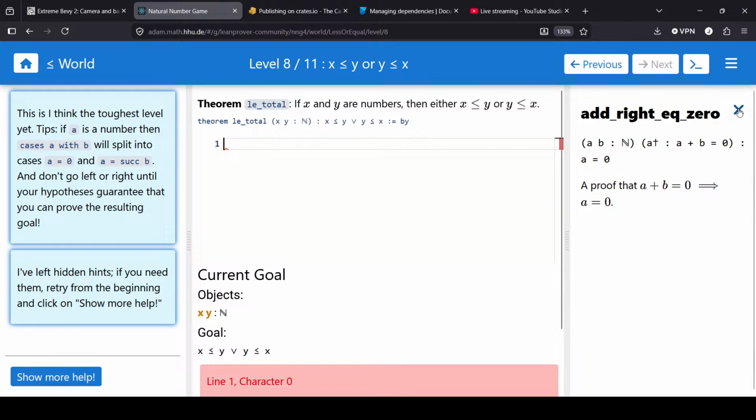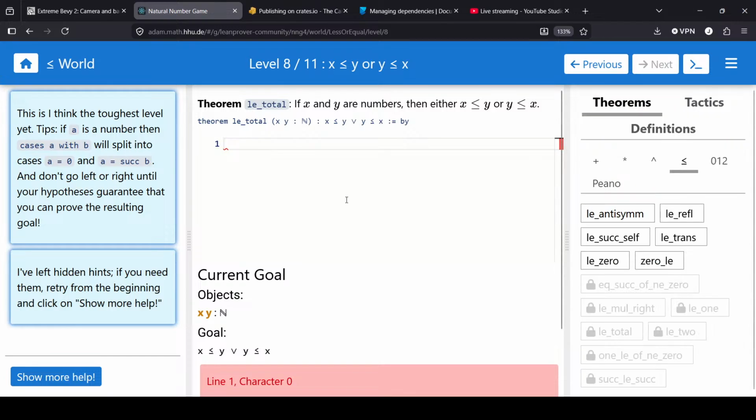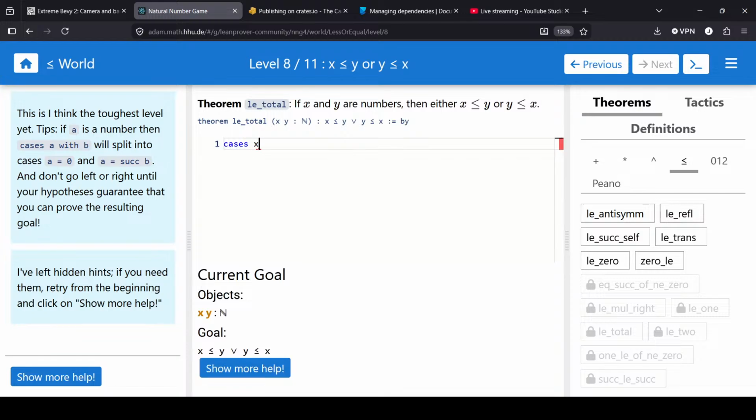Okay, I could take a hint. If A is a number, then cases A with B will split into cases A equals 0 and A equals succ B. That sounds like hell. Are you serious? Well, that sounds like I need to start with that. That's my opening move.